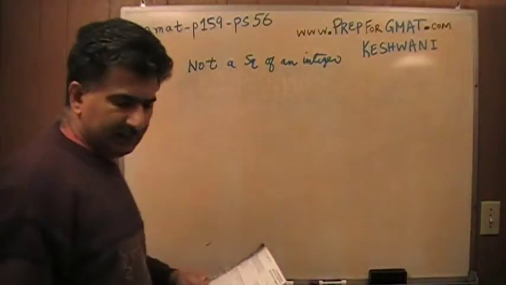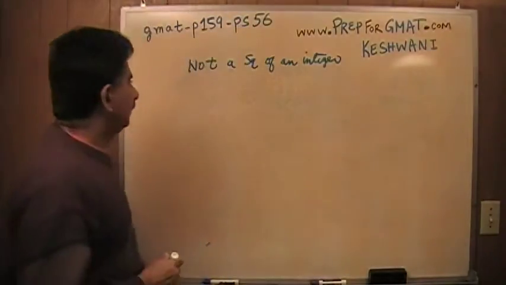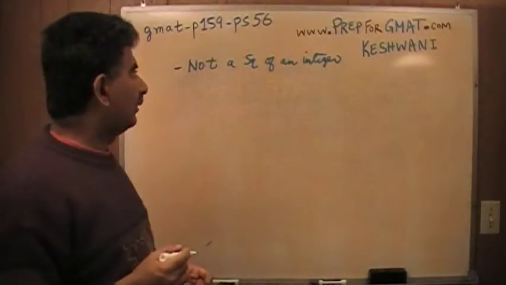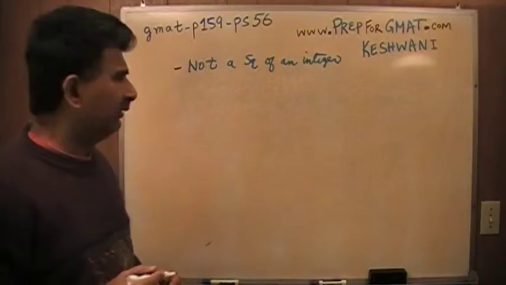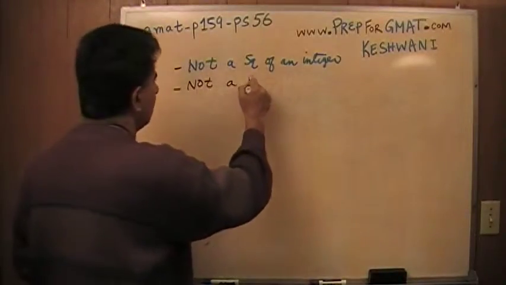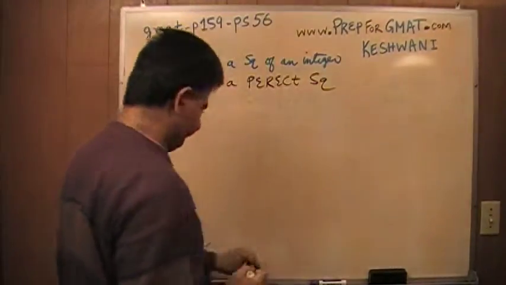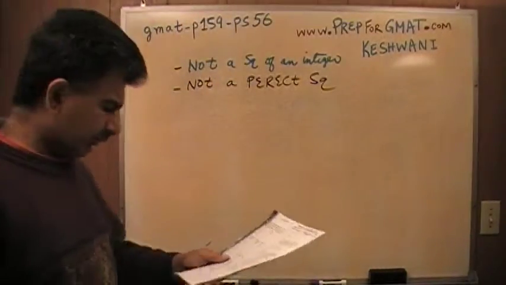Which of the following is not a square of an integer is an awkward way of saying which of the following is not a perfect square. Let's take a look. We just have to find which of the following is not a perfect square, that's all.